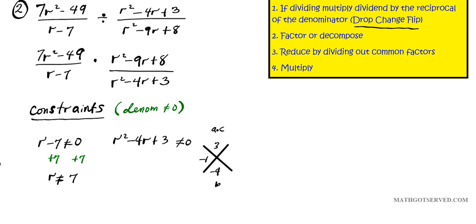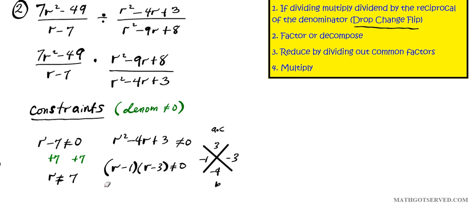Negative 1 and negative 3 fits this description. So this polynomial expression now becomes r minus 1 times r minus 3 cannot be 0. Remember here, a is 1, so we do not need to factor by grouping. If a were not 1, then we have to factor by grouping.